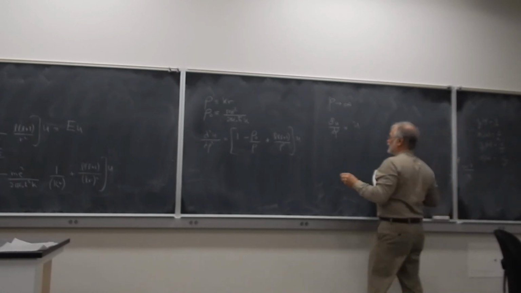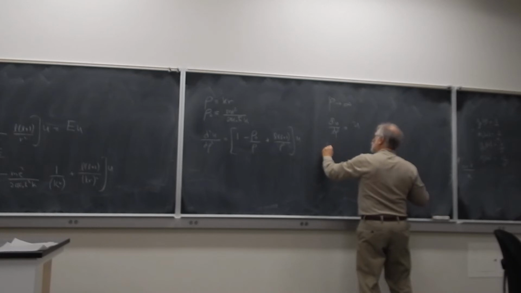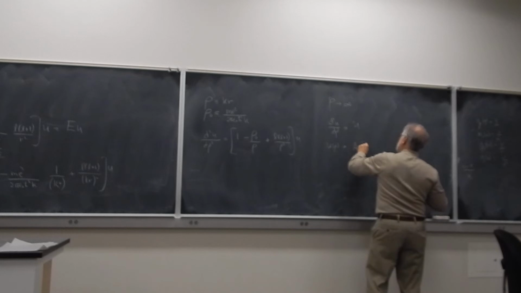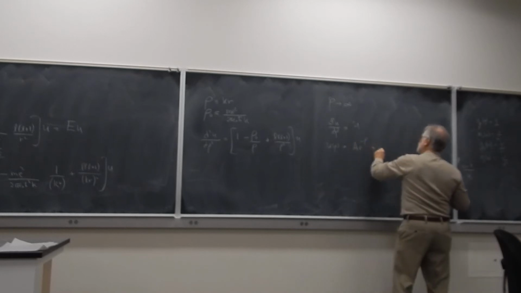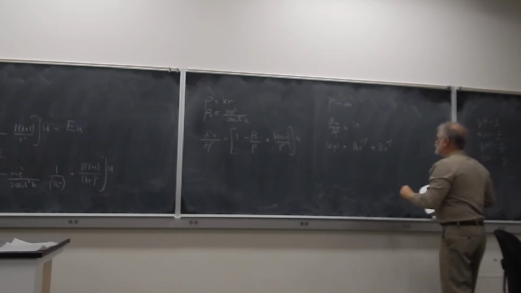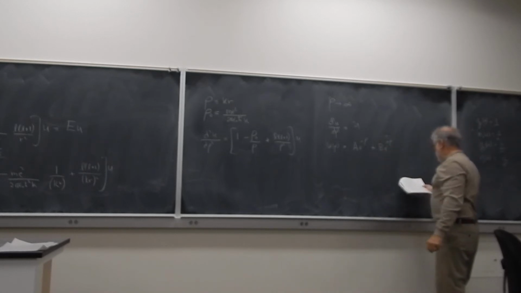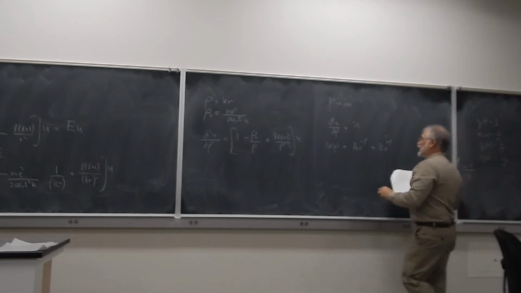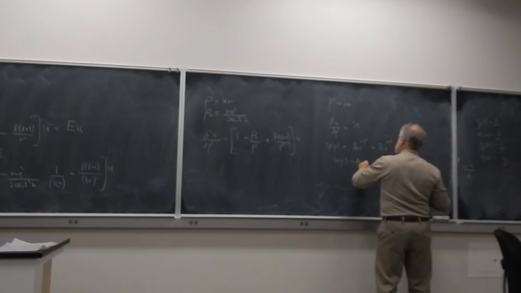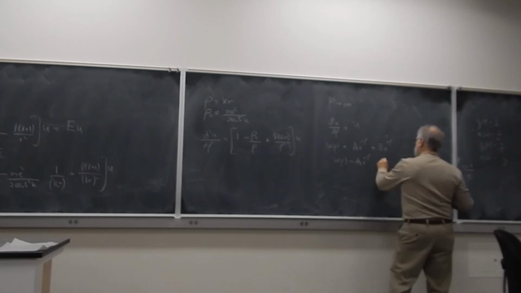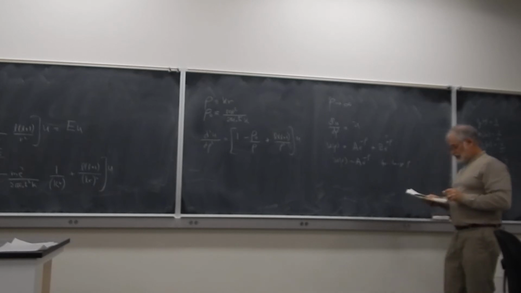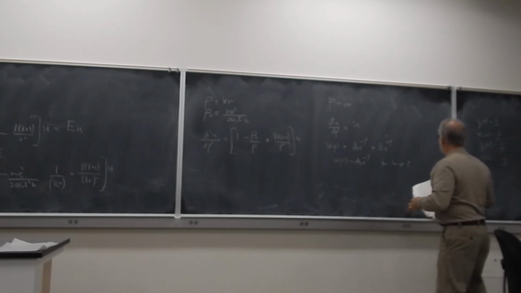Again, this is asymptotically. That means u of rho would be equal to a e to the minus rho plus b e to the plus rho. Immediately we see this is going to blow up as rho goes to infinity. So we have to say that u of rho must go as a e to the minus rho for large rho. All right, that's one way to look at it.